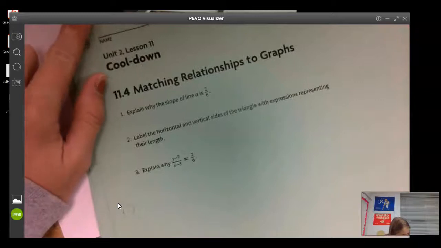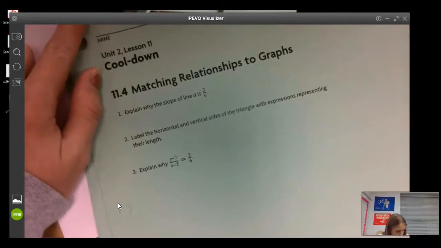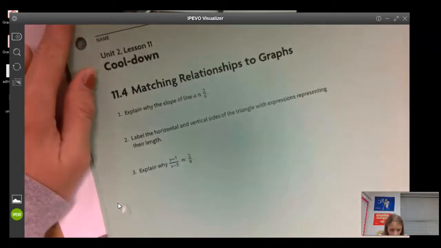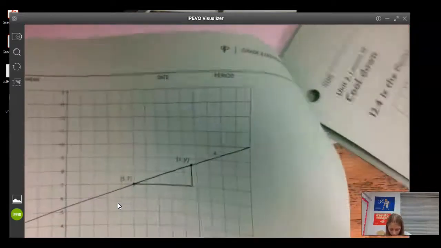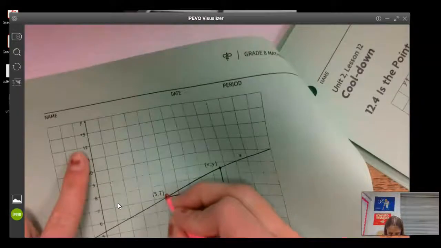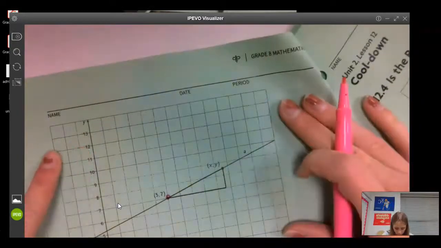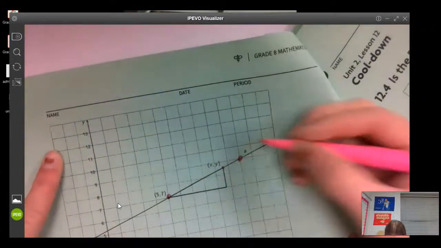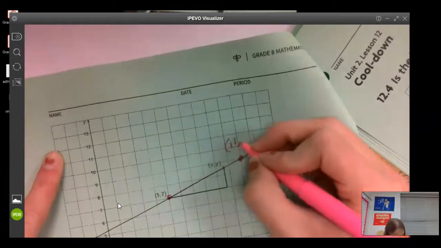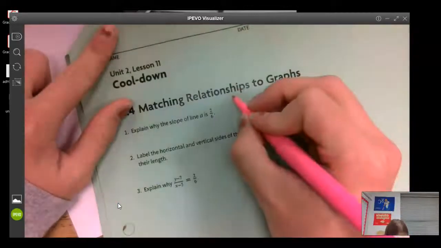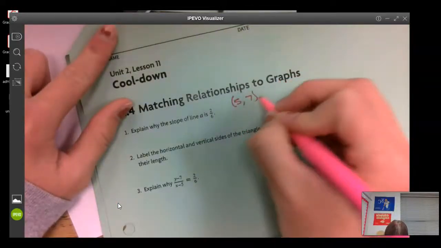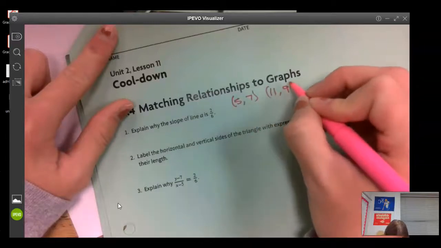So the slope is 2 over 6. Alright, so if I find some points on this line, let's use 5, 7, and then let's use this point here, which would be 11, 9. So bear with me. We're going to use 5, 7, and 11, 9.